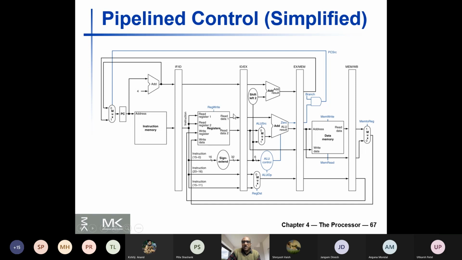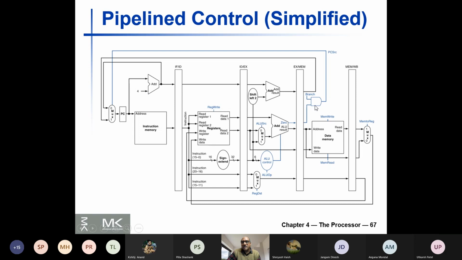And if you look here, the control signals in the pipeline architecture are more or less the same. The only difference is that these control signals have to be fed to the resources at a specific time, at a specific cycle. The data path varies from the single cycle to this pipeline data path only in that we are inserting the pipeline registers.